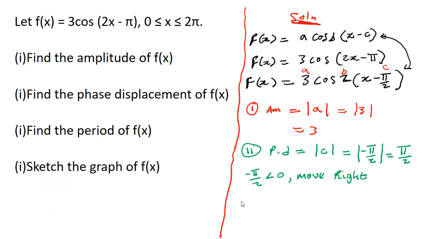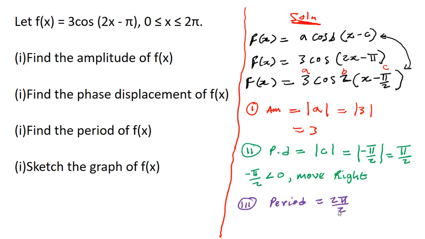And then we have the period, which is the last one in terms of finding. So the period is just simply 2π over b. That's the formula. Remember, these formulas will not be given in the exam, so it's very important for you to make sure that you know them.